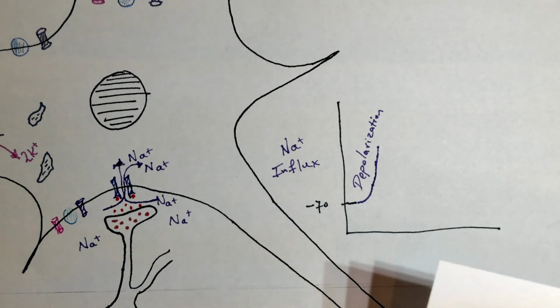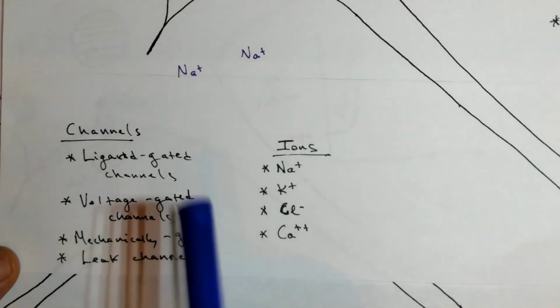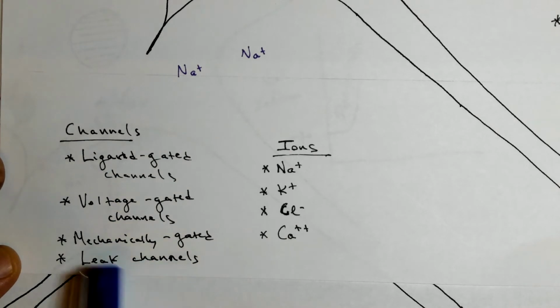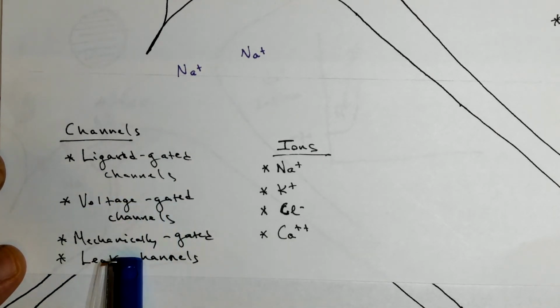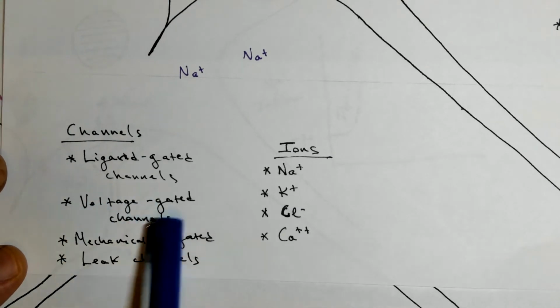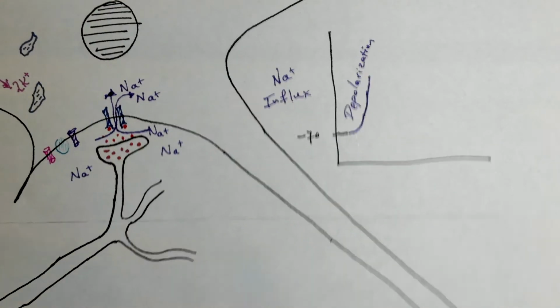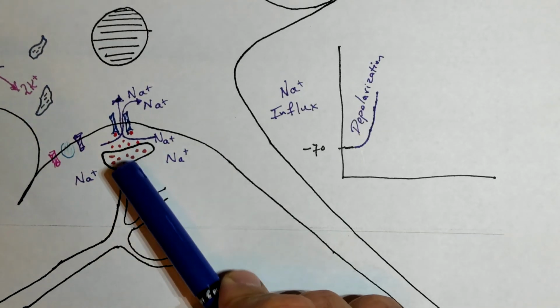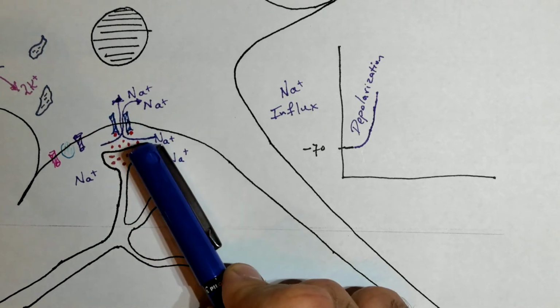So, looking at our original picture, we have ligand-gated channels, which we just looked at, and then we have voltage-gated channels. We've already seen the leak channels. Let's look at the voltage-gated channels next. So, remember that we have this neurotransmitter in red binding to that ligand-gated channel.